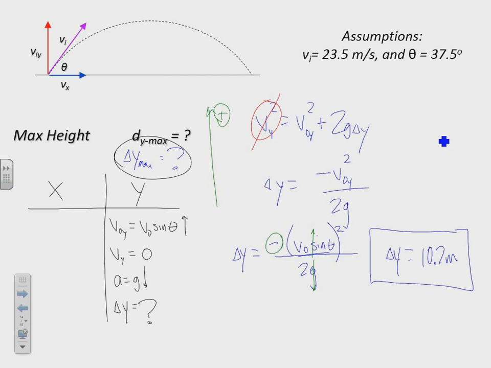All right, I'll do the substitution here. Negative 23.5 sine 37.5 squared divided by negative, right? Two negative signs make our delta y positive, meaning upward. Yes?